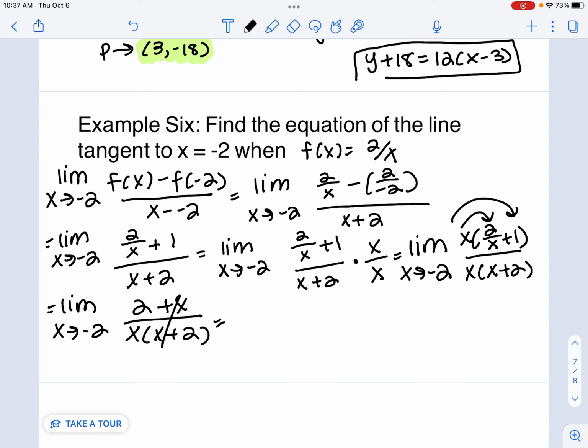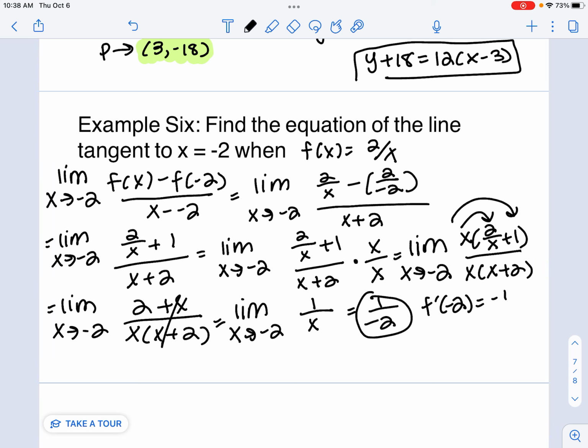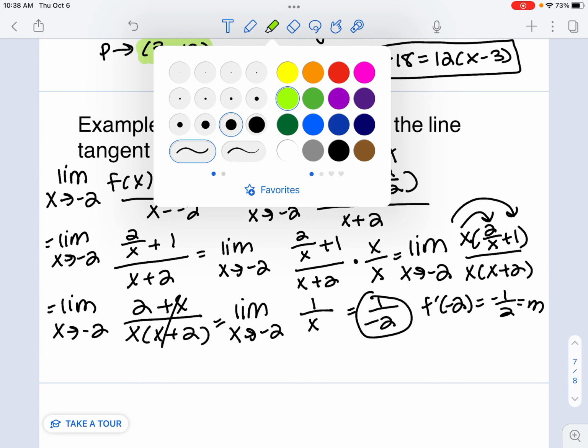Then these two x's cancel out, so I'll have the limit as x approaches -2 of 1 over x. And then when I plug in my limit, I will get 1 over -2. And so that is my limit at -2, or sorry, that's my derivative at -2, and that's therefore the slope of this tangent line.